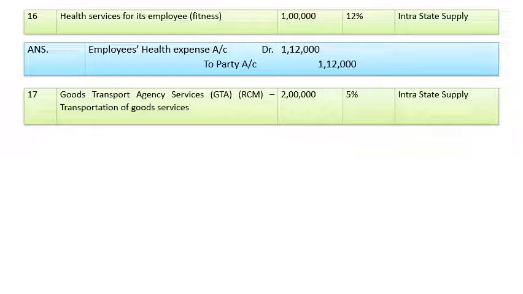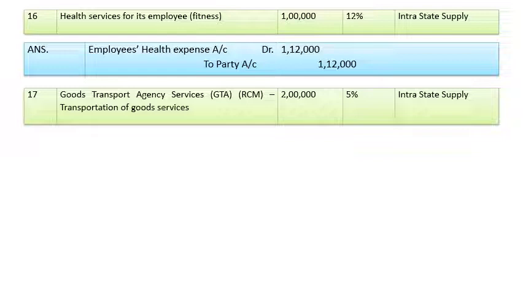I already taught you the difference. In forward charge mechanism, that is FCM, the supplier is liable to pay tax, whereas in RCM, the recipient is liable to pay tax to the government.